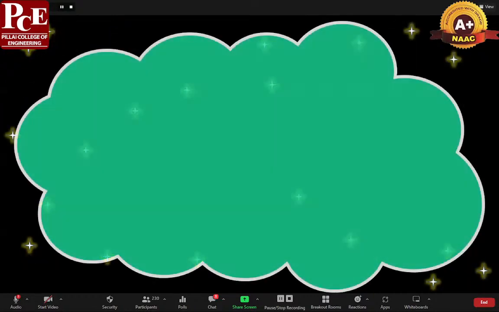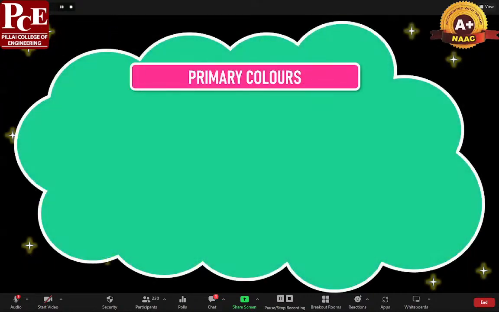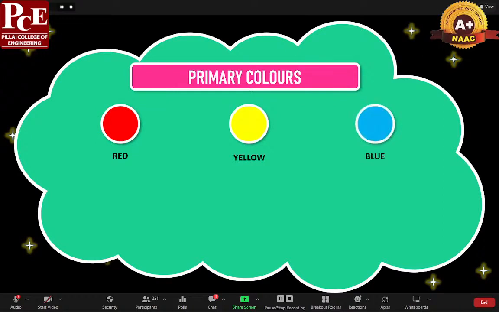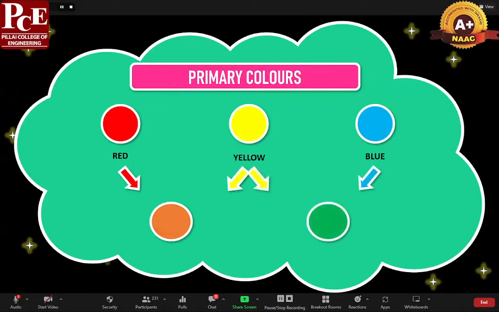So let us now move on to the major aspects of colors. You must have a fair idea that the three primary colors, that is red, yellow, and blue, are the three primary colors. And from these primary colors, we can form the secondary colors. For example, a combination of red and yellow will lead to orange. A combination of yellow and blue will lead to green.